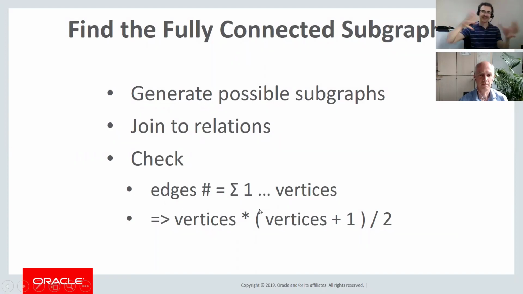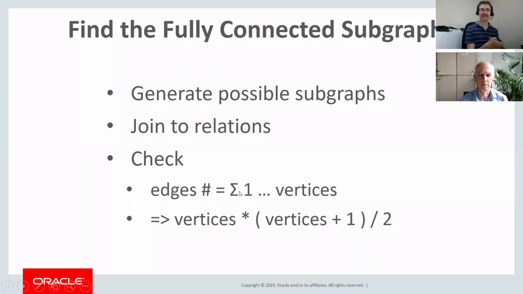Having generated our set of possible subgraphs, we can then join it back to our original relations table, which stores all our edges. So we'll have a subgraph which might be A, B, D, and then we'll join it back to the rows in the relations table. If it is fully connected, then the number of edges, or the number of rows, will be the sum of 1 to the number of vertices, which in basic maths is n squared plus n over 2.